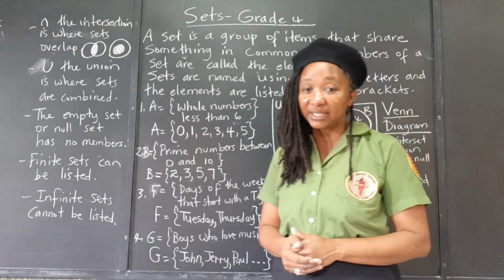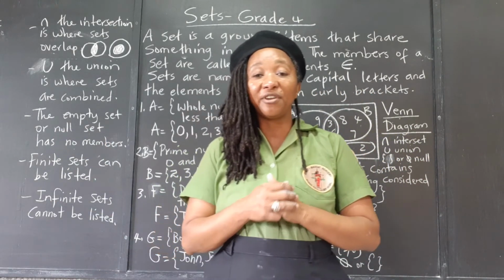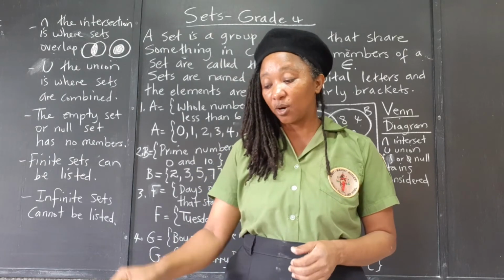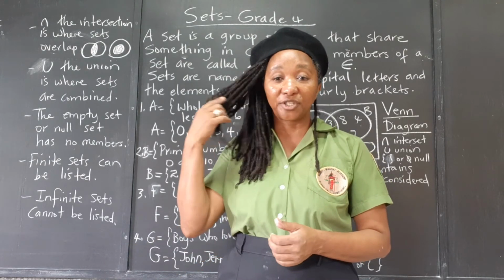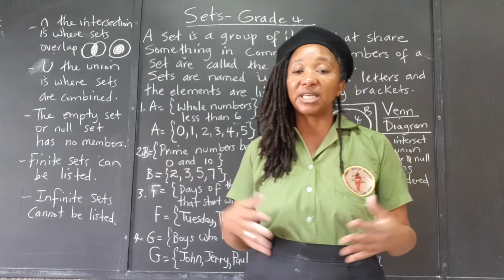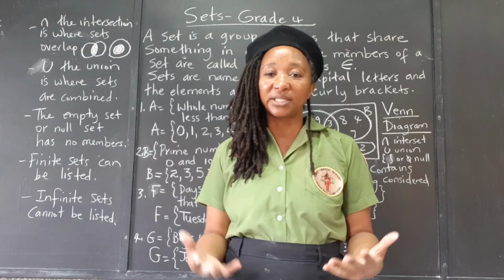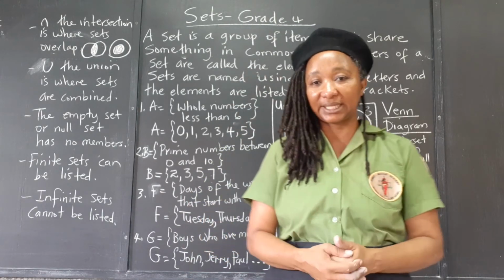It just goes on and on and on. We would not have enough time to sit and count every grain of sand or every strand of hair on your head. That kind of thing is just infinite, is vast. It's not feasible, possible to count them to list them.